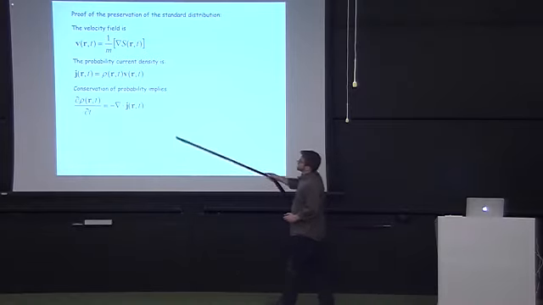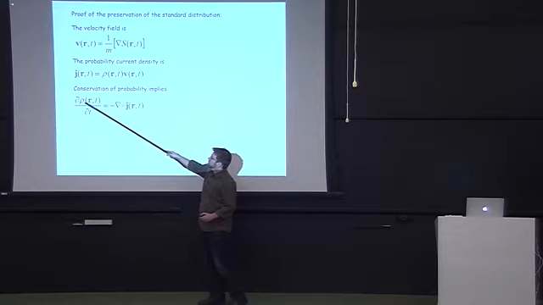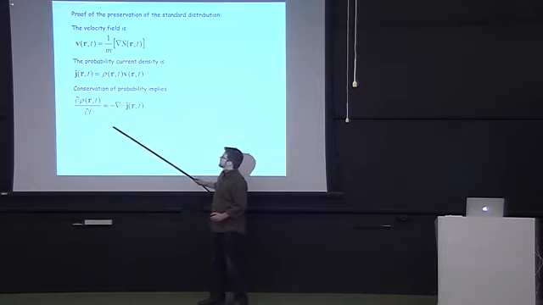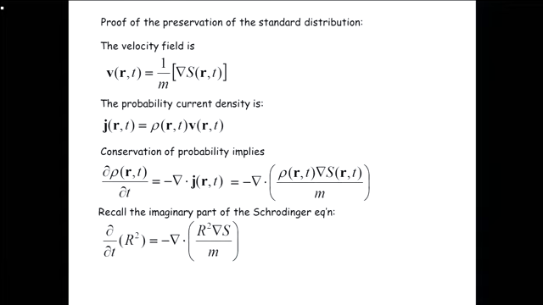Then the formula for conservation of probability tells me that the rate of change of the density in any region is given by the gradient of that probability current. But I can plug in the formula for the probability current, and I've used the formula for the velocity field in terms of the gradient of the phase.